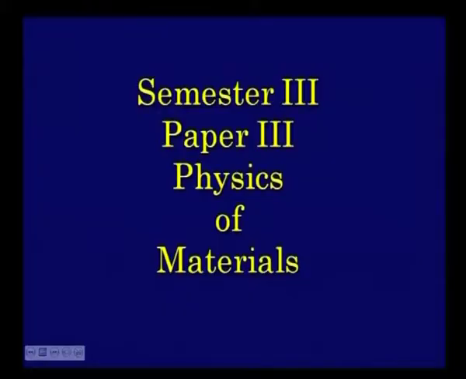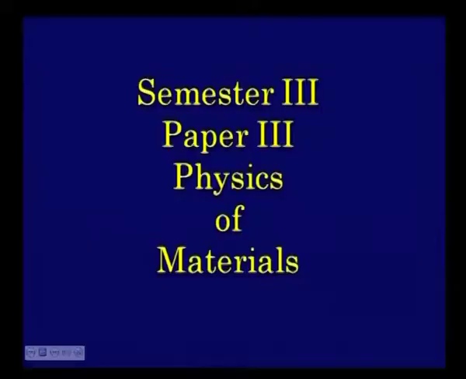Welcome to the UGC lecture series in Applied Electronics. We are going through some of the sections on physics of materials meant for the 3rd semester students. It is paper 3, which deals with the subject physics of materials.